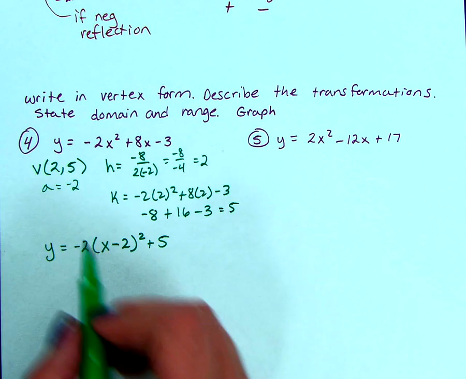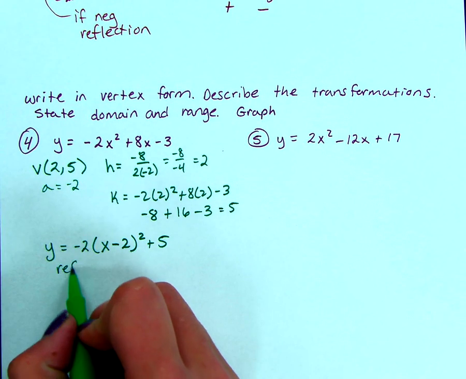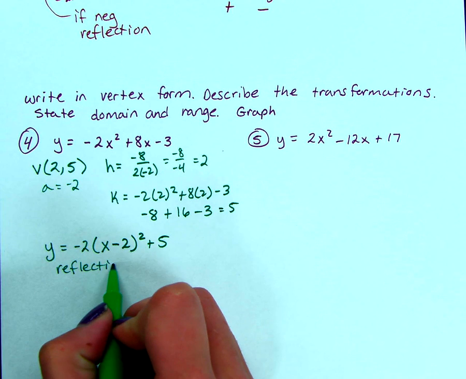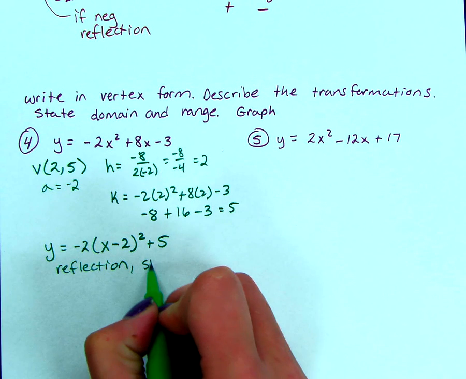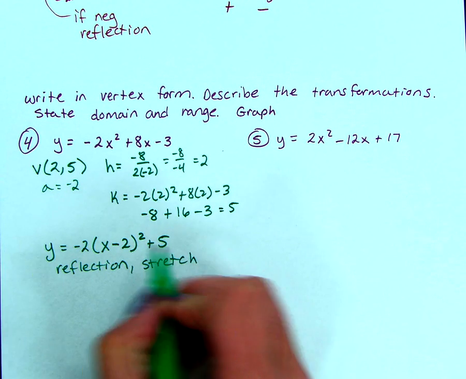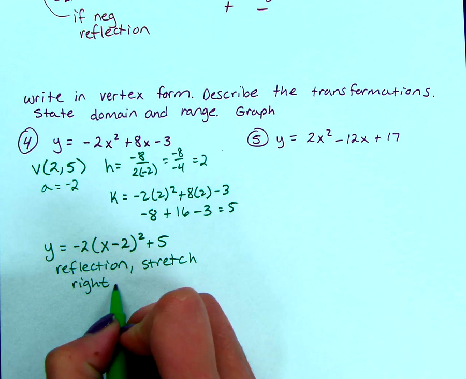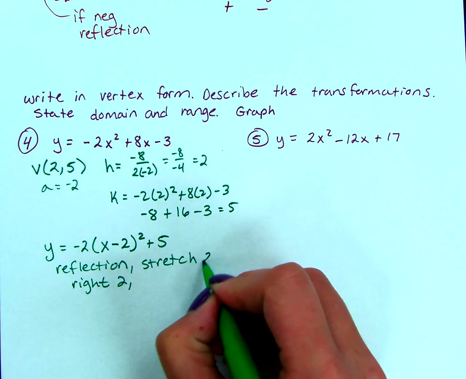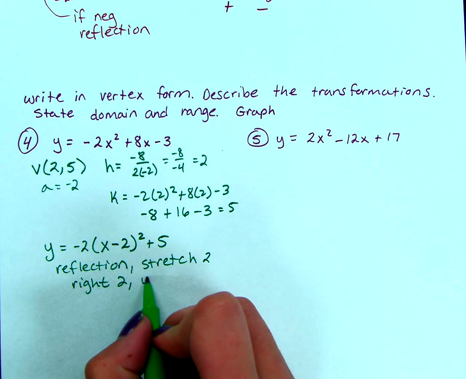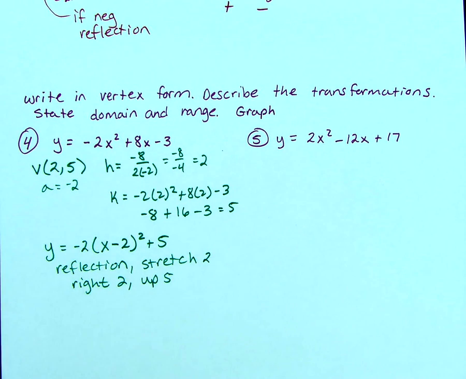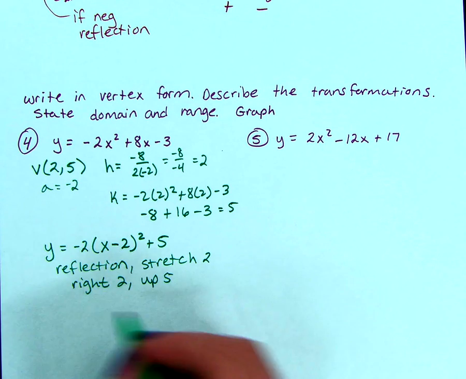The transformations, we have a reflection, a stretch from the 2. This 2, we went to the right. And then on the outside, we went up 5. And then our domain is going to be all real numbers.